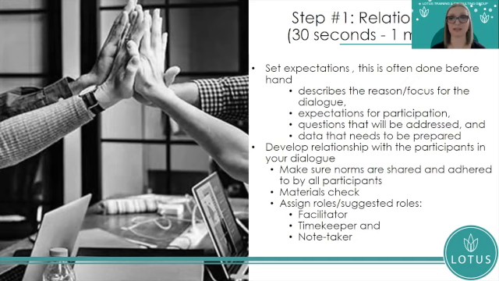Setting those expectations, using that little table I showed you a couple of slides ago, really helps, so that once we jump into our conversation, it's just making sure everyone understands what our norms are, adhering and being willing to stick to them, that everyone has all the materials they need to be successful, and then, if we need to, assigning roles. If we haven't already assigned the facilitator, the timekeeper, and the note taker, we would do that here.